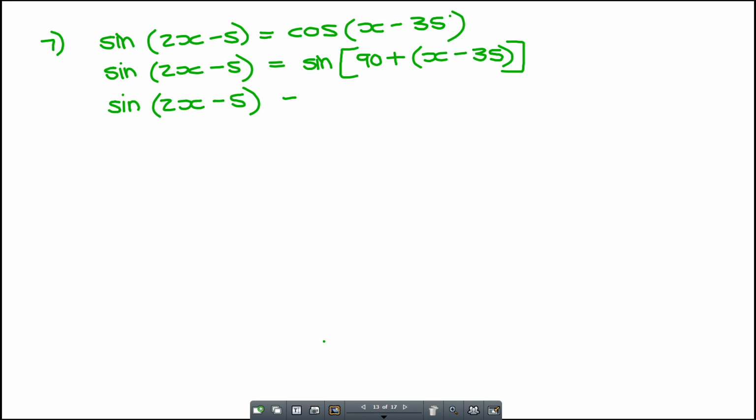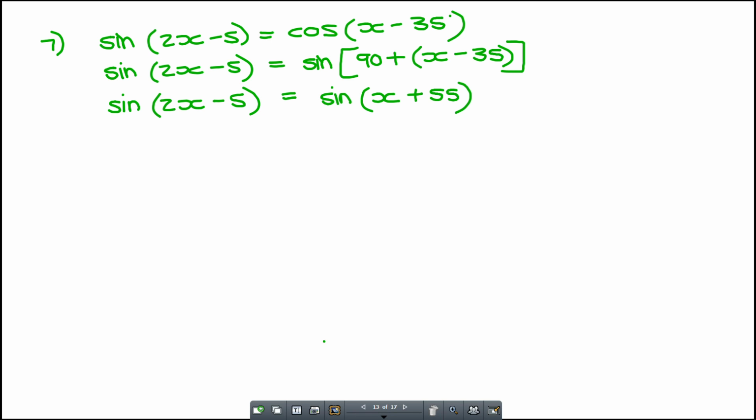Okay, the right-hand side, what I want to do now is I'm going to simplify within that bracket. So that will become x, and then 90 minus 35 gives me 55. Right, so now I have both sides in terms of sin.